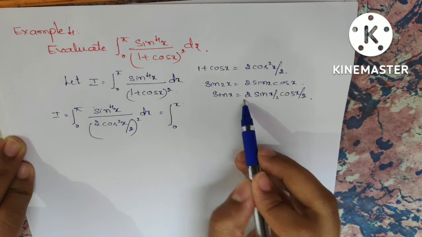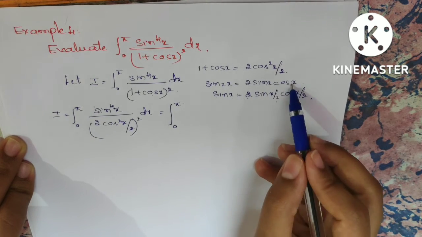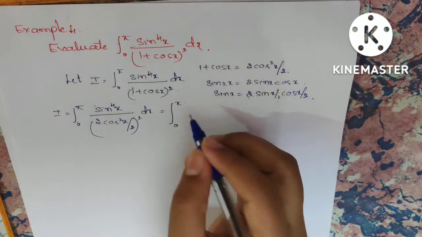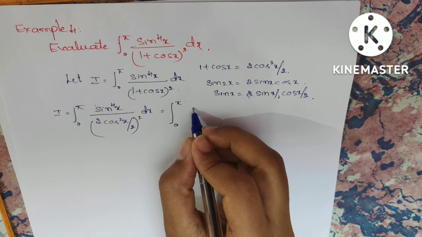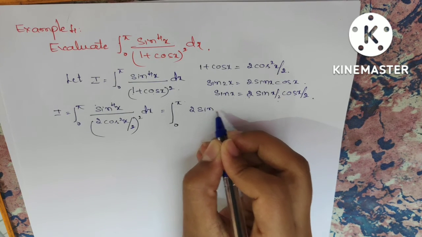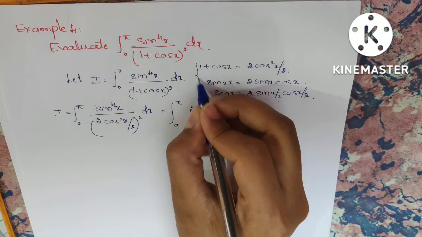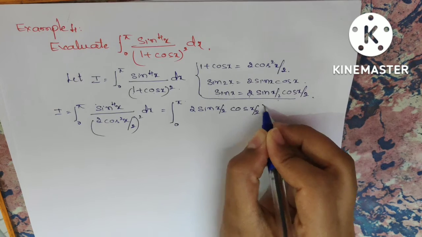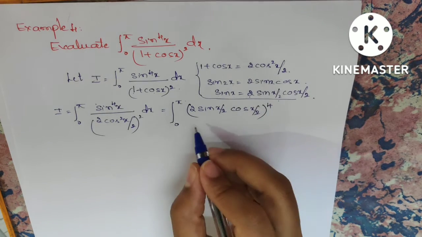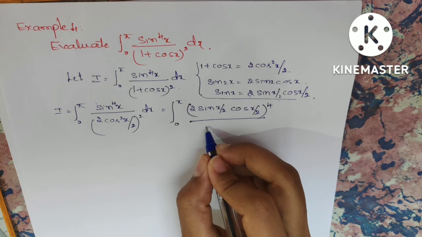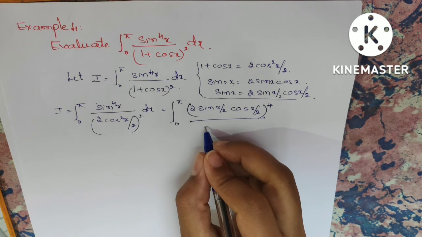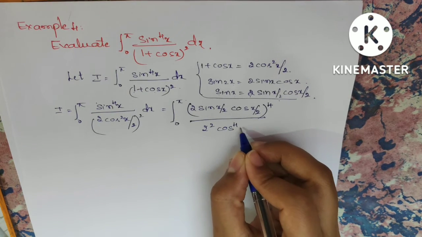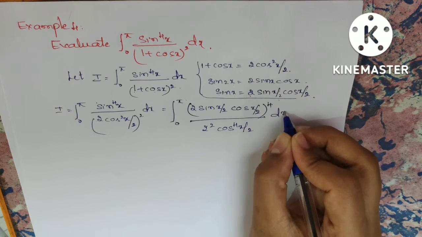The remaining will be sin x equals 2 into sin x/2 into cos x/2. So in place of sin^4 x, I can write (2 sin x/2 cos x/2)^4 divided by 2 square into cos^4 x/2 into dx.